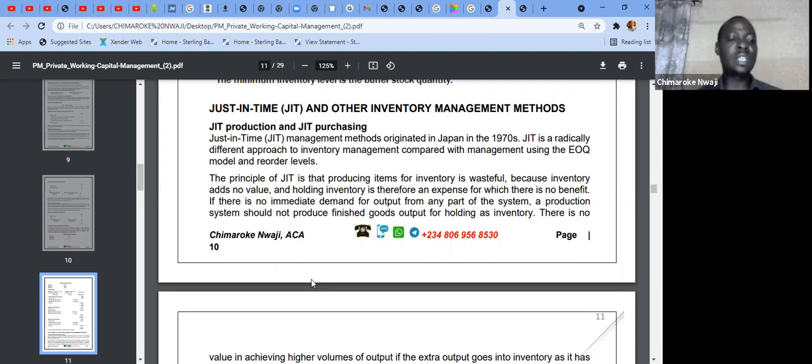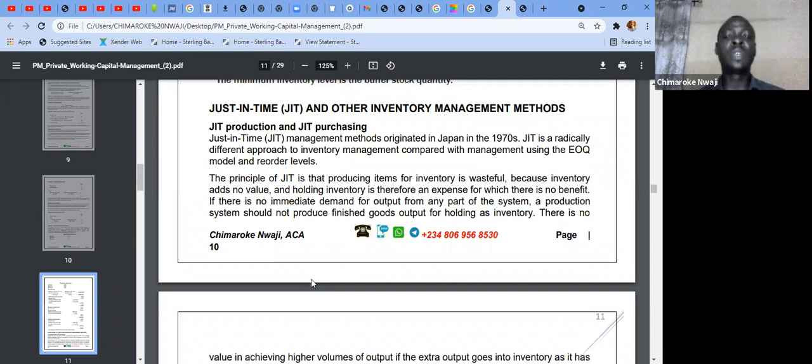For holding the thing for 1 day, 2 days, 3 days, 1 week, 2 weeks, you're going to be paying warehousing, you're going to pay insurance, you're going to pay staff to keep looking at them. All these are expenses, but there is no benefit. Sometimes the people keeping and looking after them might even be stealing from you. And so there is no immediate benefit.